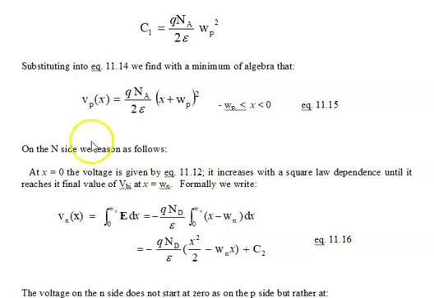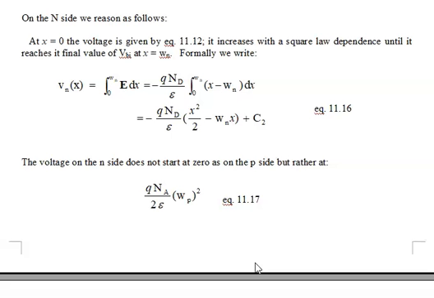Now, on the N side, we have the same thing. We put in the electric field that exists on the N side, which is right here. We integrate that bad boy, and we get a quadratic term and a linear term and another constant of integration, C2.